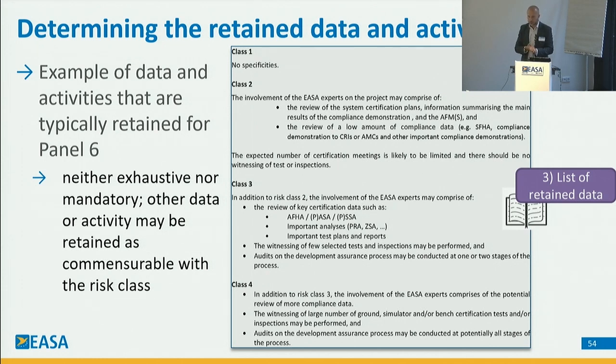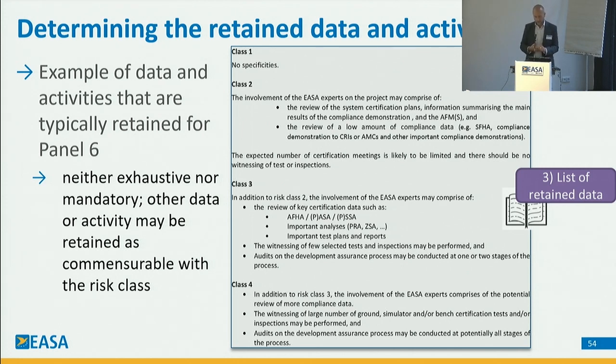And what you see here, I think, is for panel 6, and it's an example of what, for panel 6, depending on the classes, should be retained data. So if you have an avionic CDI, or a CDI where the avionic panel is involved, depending on the class, you can consider this example to propose which data we should review.